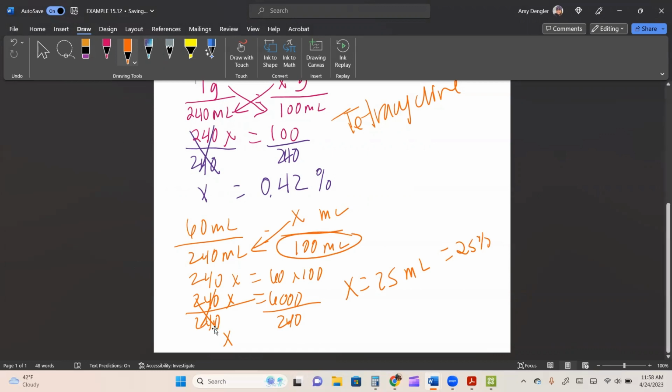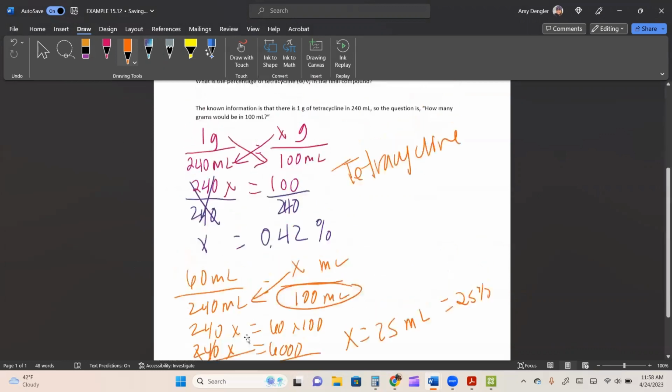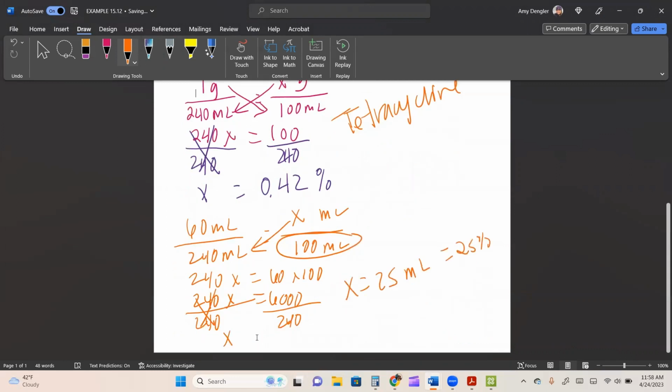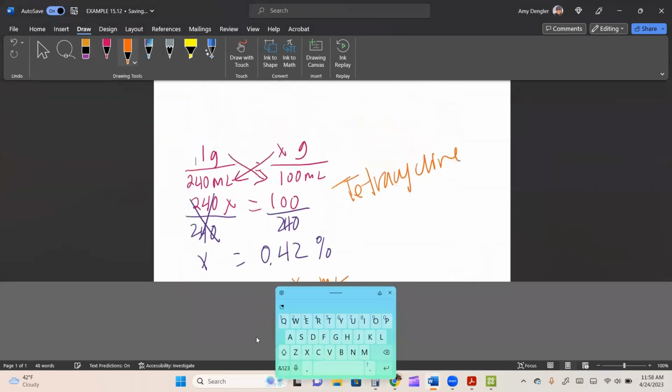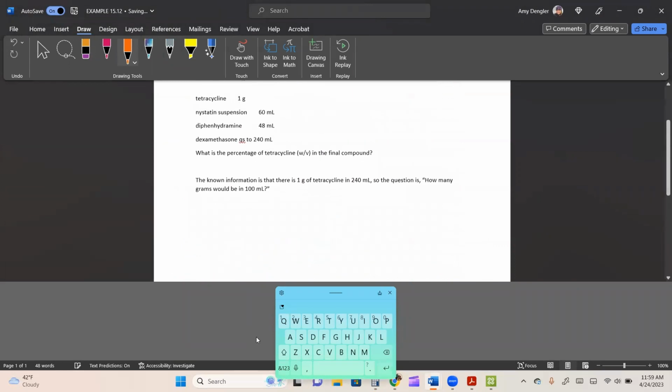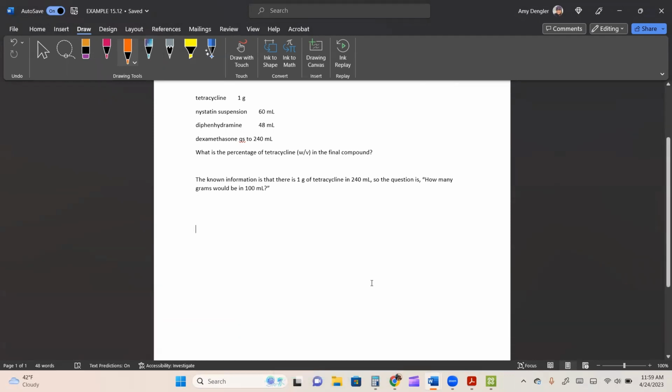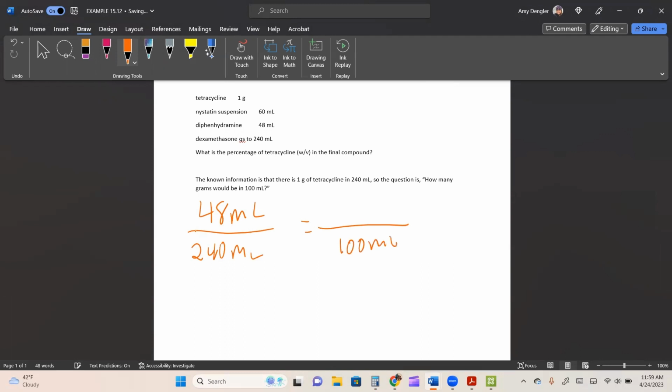All right, then we would do the same thing for the diphenhydramine. So that would be 48 ml out of 240 ml. And we want to make 100 ml. How many ml are we going to put in our 100 ml mixture?